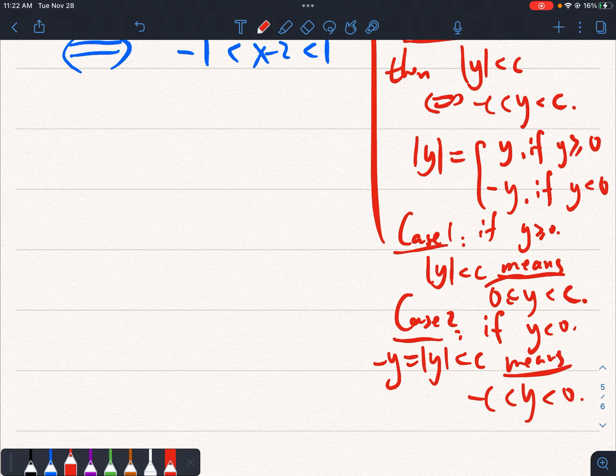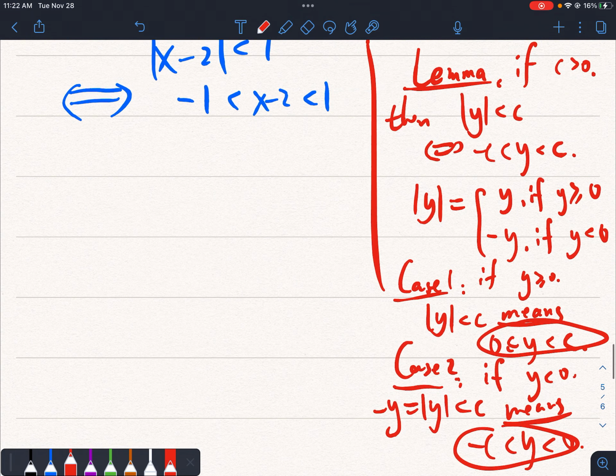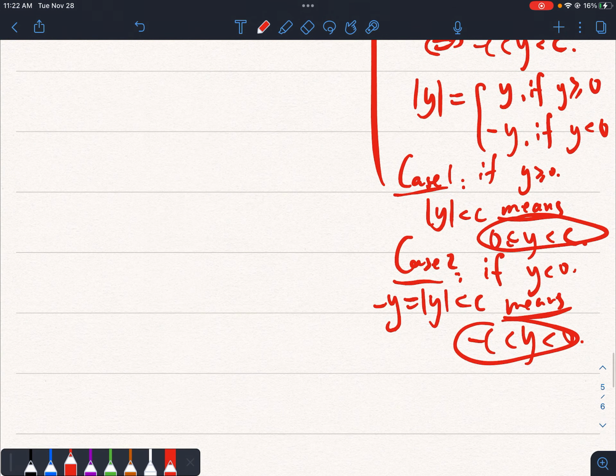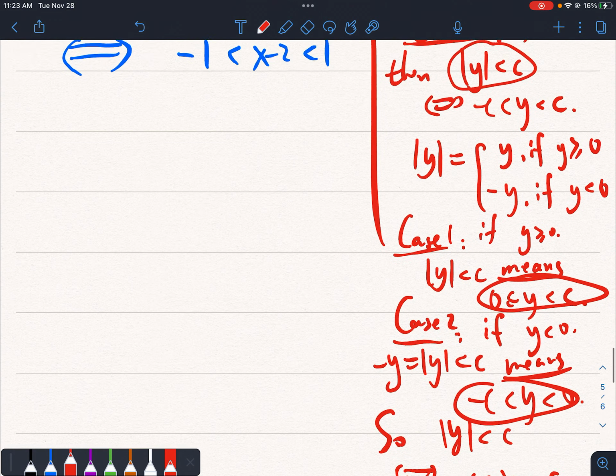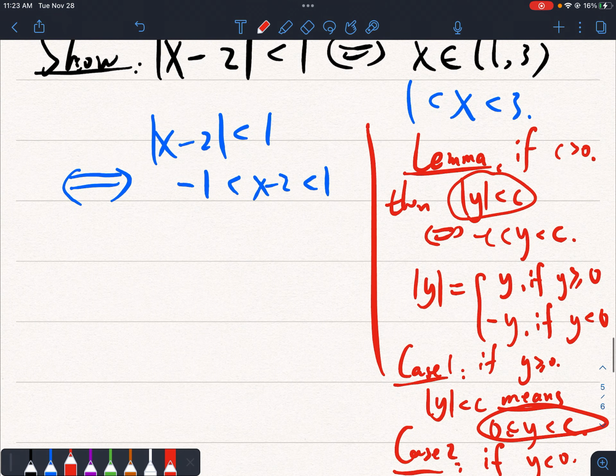So we can combine these two cases together because y can be any real number. Altogether, the absolute value of y is less than C if and only if y is either from 0 to C or from -C to 0. So this is true if and only if y is from -C to C. Okay, so we can just use this lemma, or we can just take it for granted.